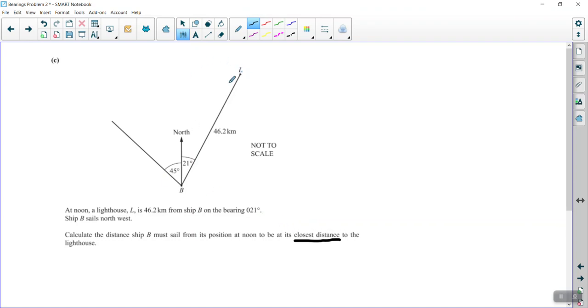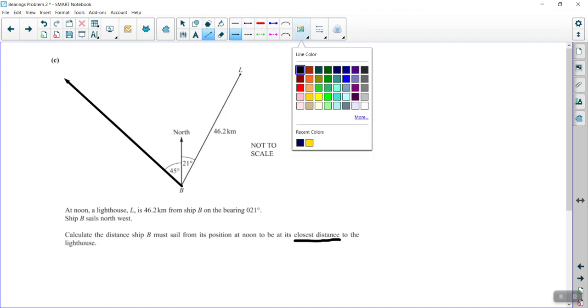That means we have to draw a perpendicular from the lighthouse to the line the ship is sailing on from B in the northwest direction. So it has to be 90 degrees because that would be the shortest distance.